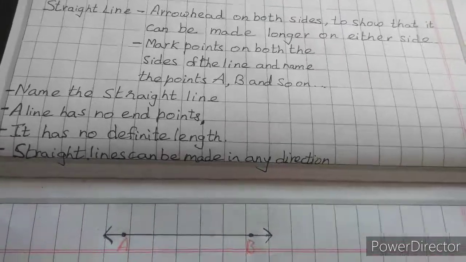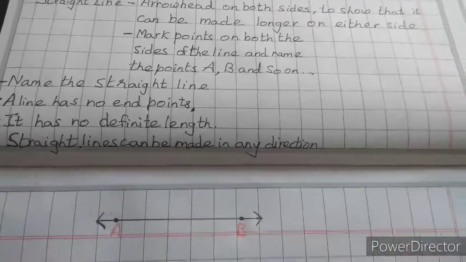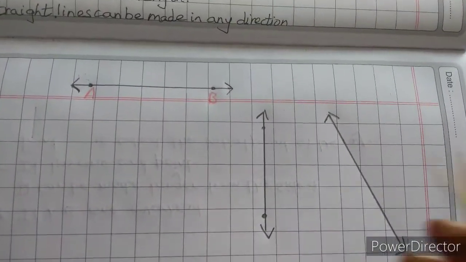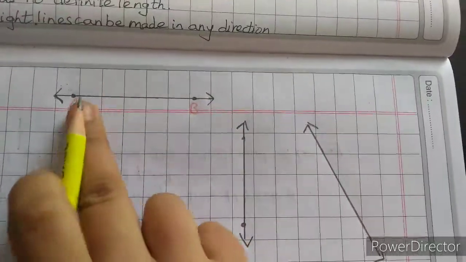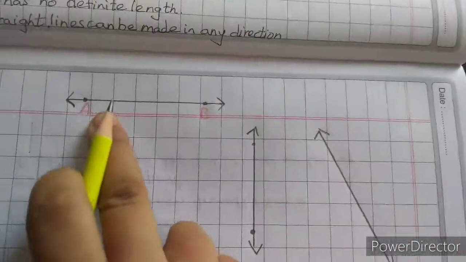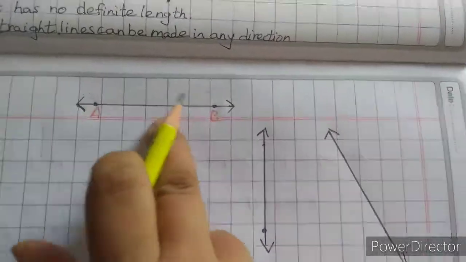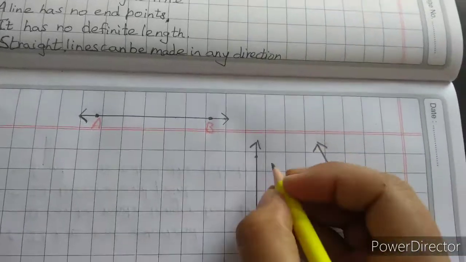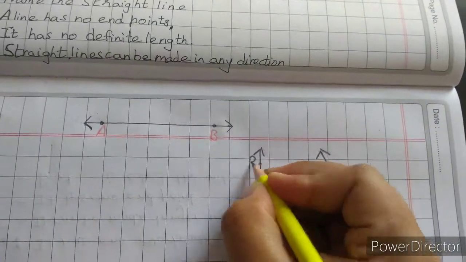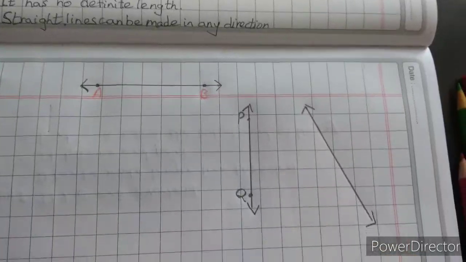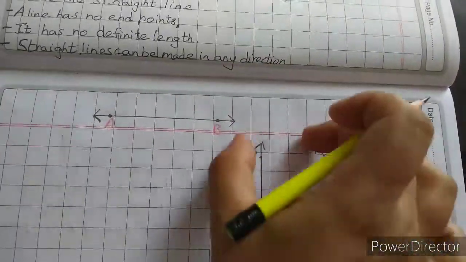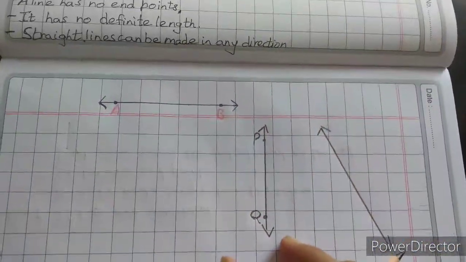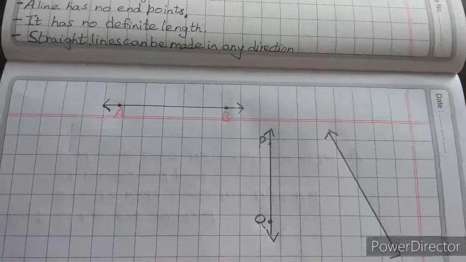And a straight line can be made in any direction. So how will we make it in any direction? This is a horizontal straight line. This sleeping line is the horizontal straight line. The standing line, we will name it PQ. This standing straight line will be called a vertical straight line.